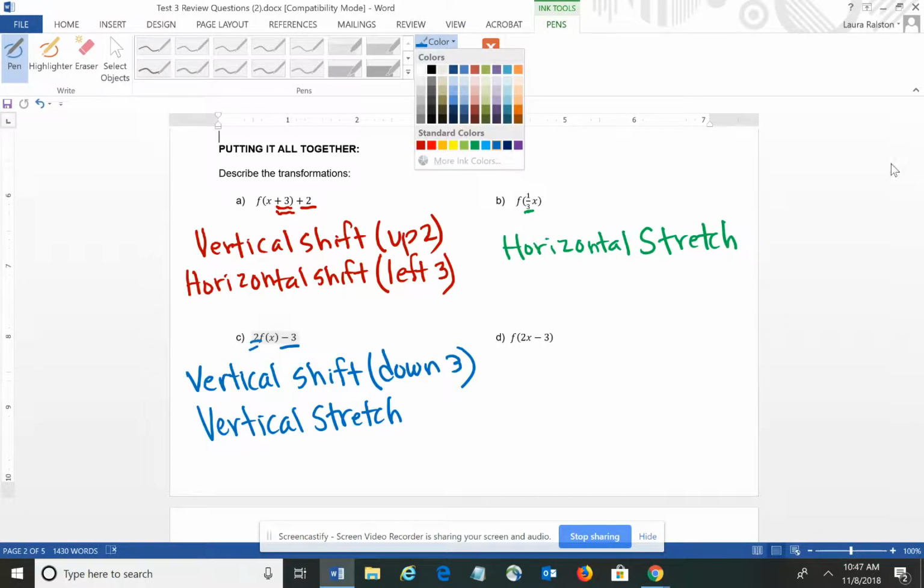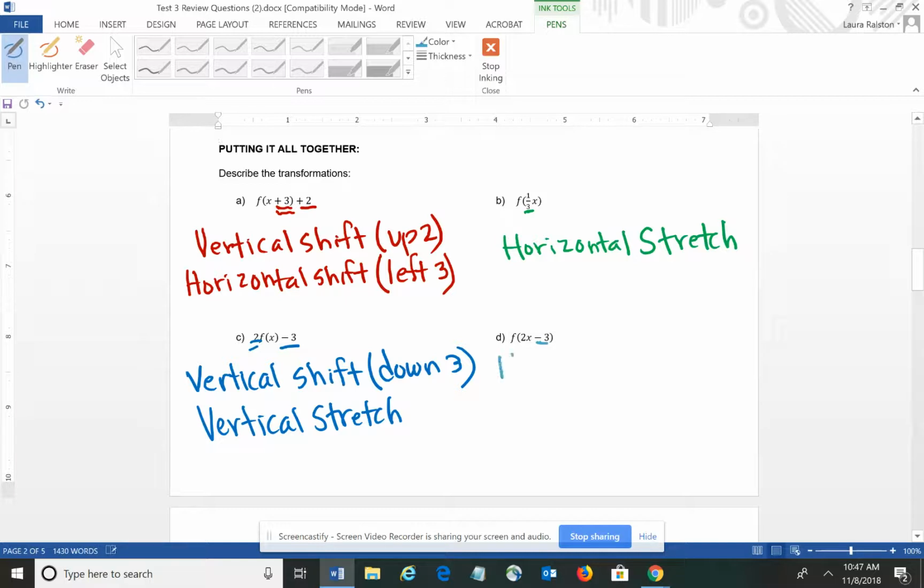Now, if you contrast that with letter D, you have f of 2x minus 3, and the 2 and the 3 are inside the parentheses. So this affects it totally differently. The minus 3 inside the parentheses tells me that it's going to be a horizontal shift. And again, it's opposite of what we think, so we're actually going to go right 3 units.